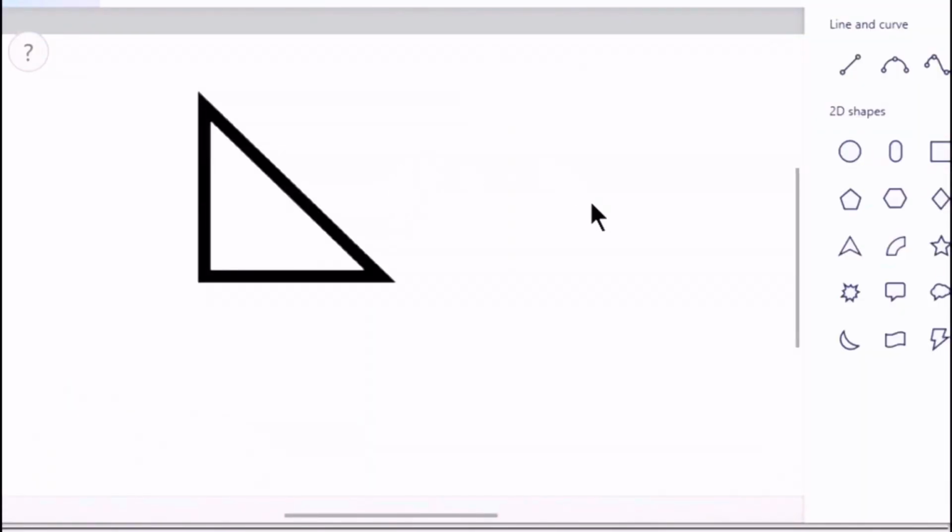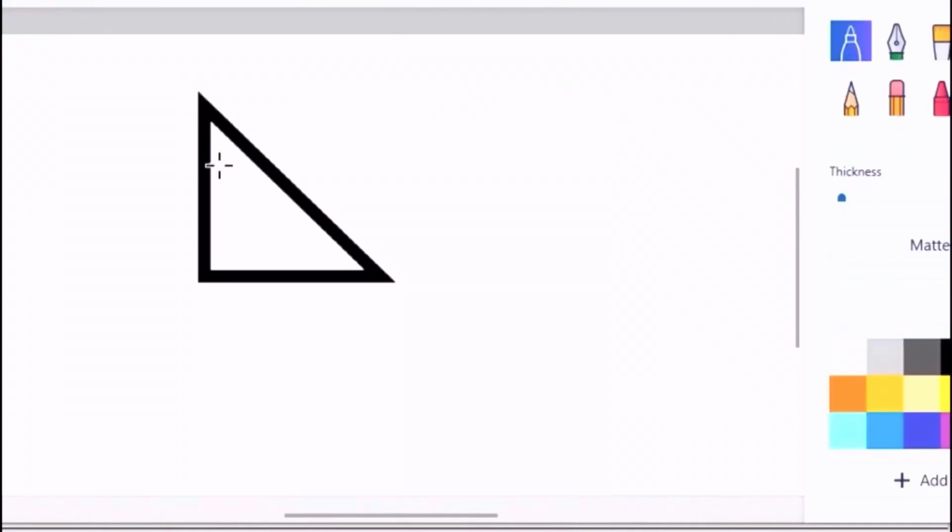As you can see, we have a triangle, the famous Pythagorean triangle. So this side is 1 and this side is 2. So the hypotenuse is equivalent to square root of 5.